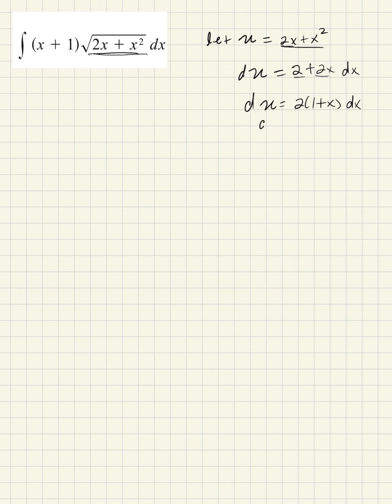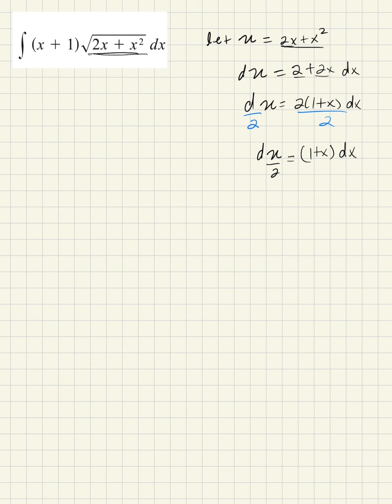And I'm going to divide by 2 both sides, okay? Let me actually make this step just so that I don't confuse anyone. So I want to divide by 2 both sides. If I do that, I end up with du over 2 is equal to (1 plus x) dx. So now I can start making my entire substitution.